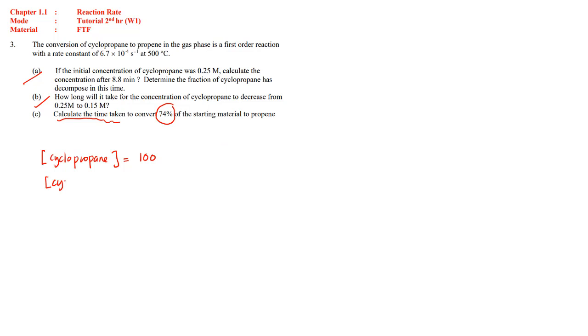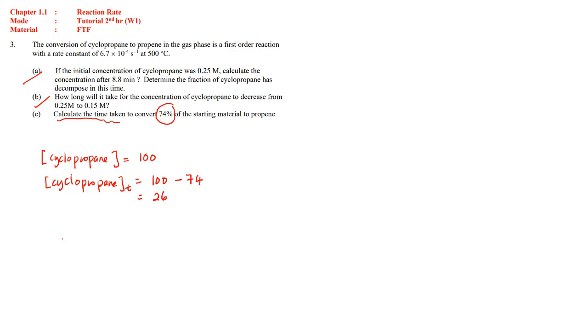And after T time, the concentration becomes 100 minus 74. Right? 100 minus 74, which is 26. The 74% is what decomposed, so what remains after it decomposes is 26.